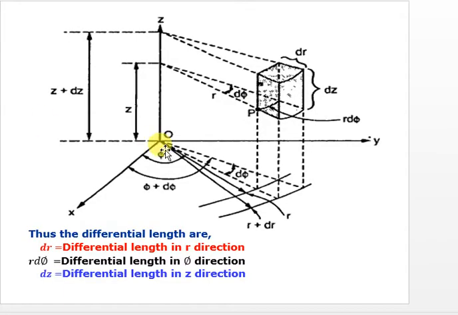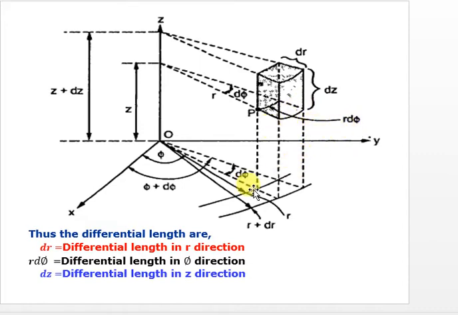In this picture, when you increase z to z plus dz, phi to phi plus d phi, and rho to rho plus d rho, then this differential cube element will be created. This length is represented by dz. This angle is d phi, and the length of this line is rho. So according to the mathematical formula, the value of the arc is rho d phi.